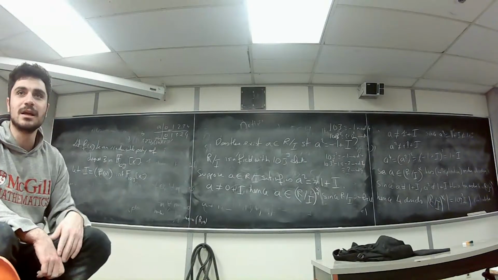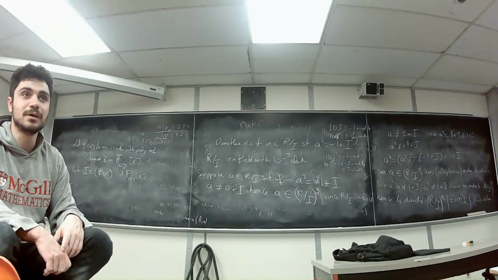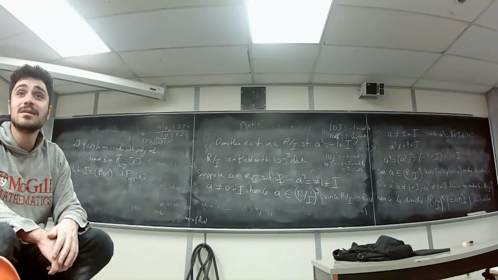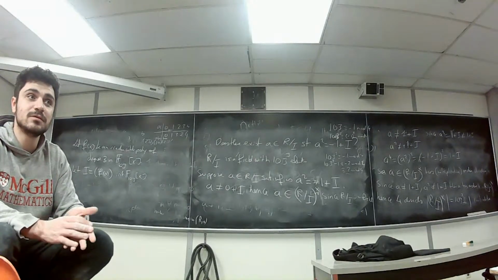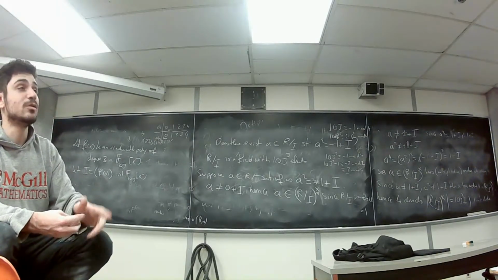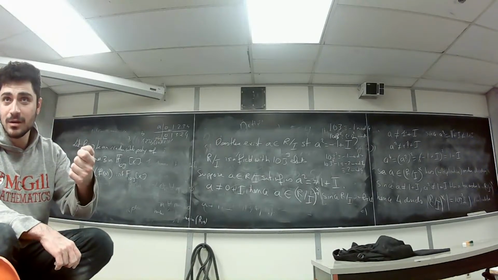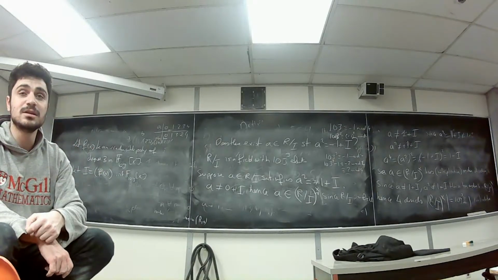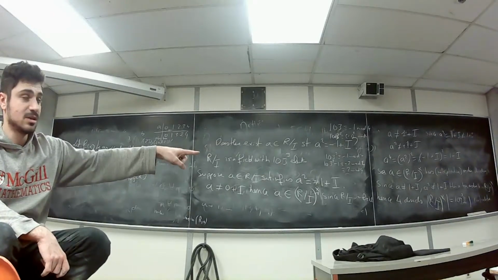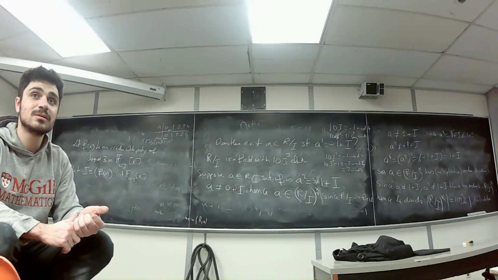Let's say 27. I give you an irreducible polynomial of degree 3 in F3. Does the quotient ring contain an element such that a squared is equal to minus 1?